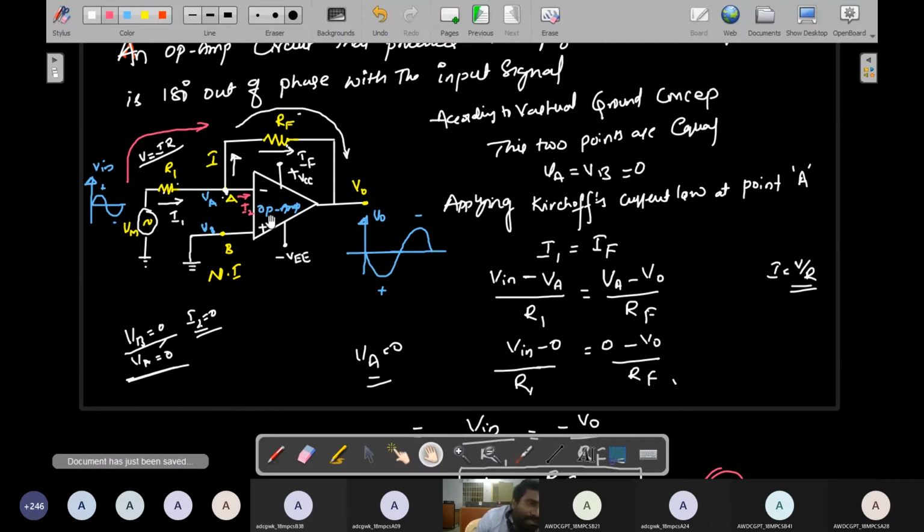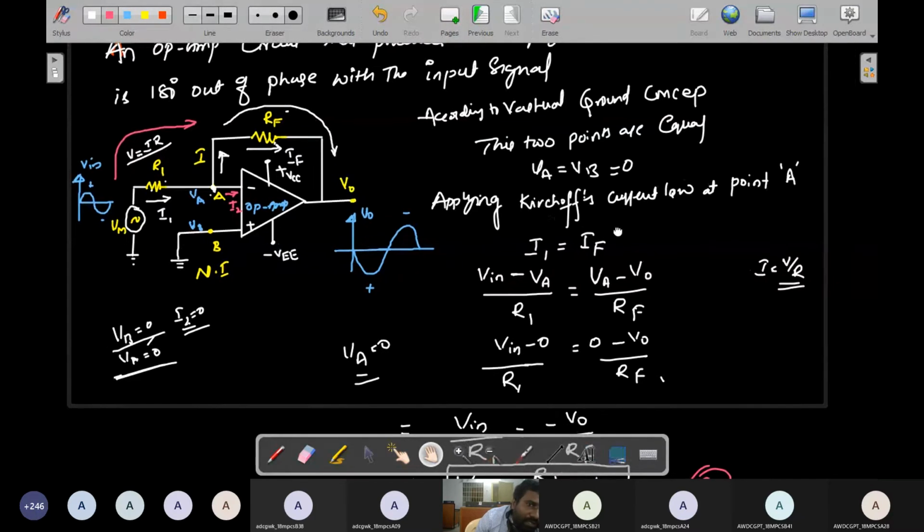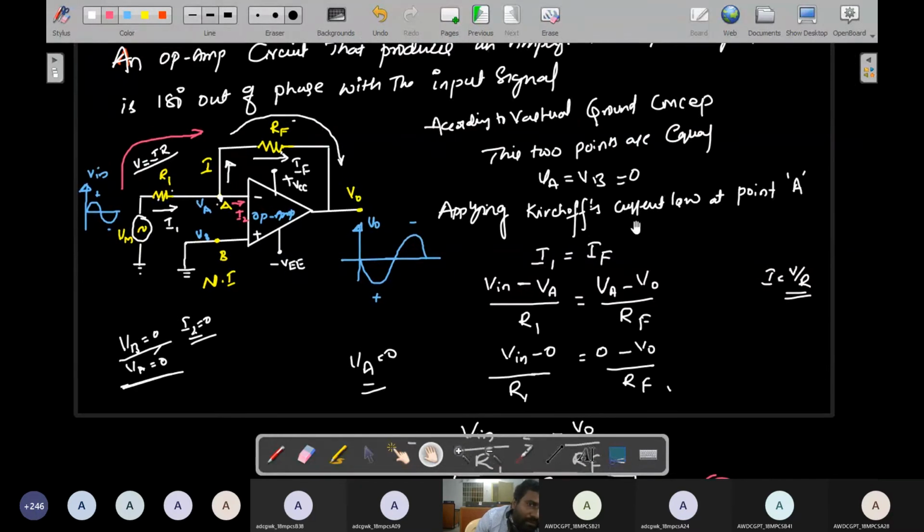After that, I'm using Kirchhoff's current law: the sum of the currents entering equals the sum of the leaving currents. Now that voltage is given here, current is traveling in this direction, and at point A this current is splitting into two parts, one is I2 and one is IF.